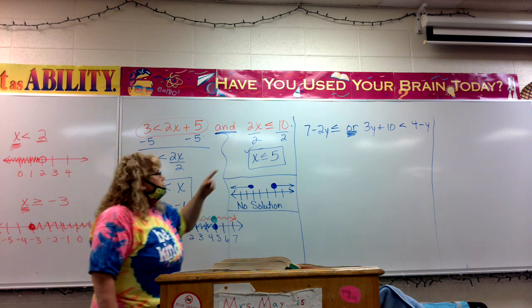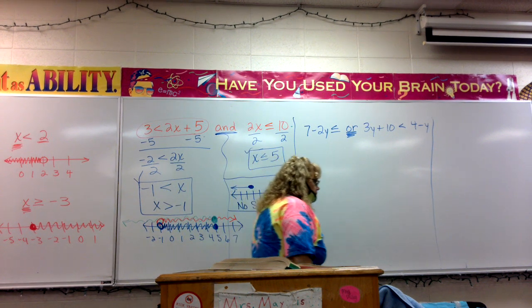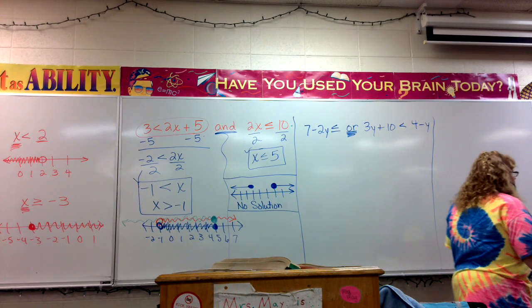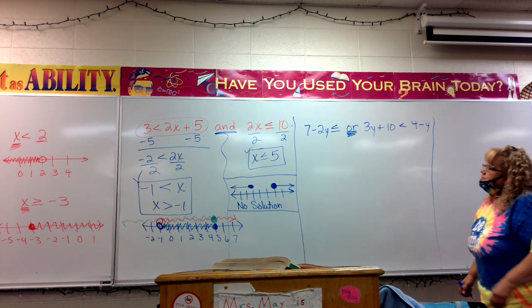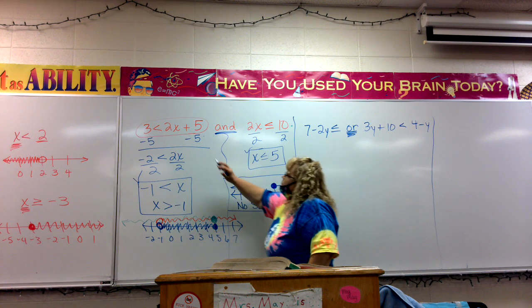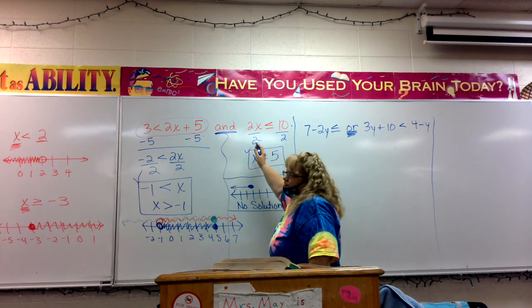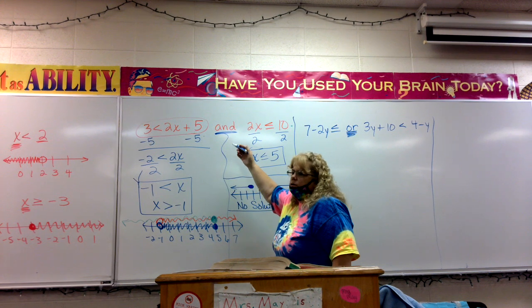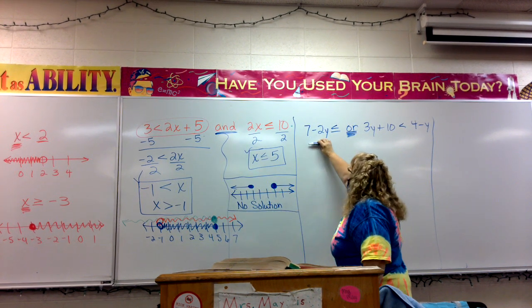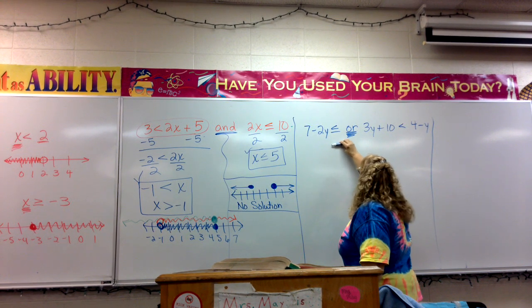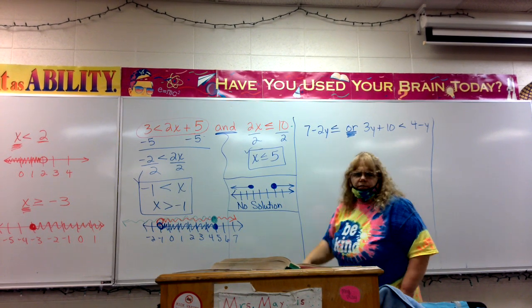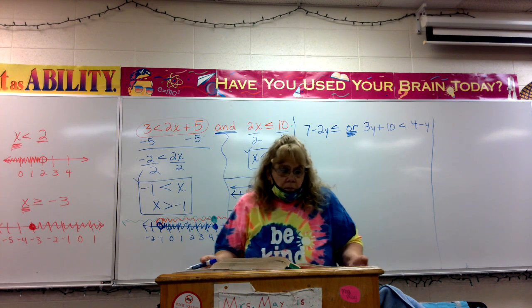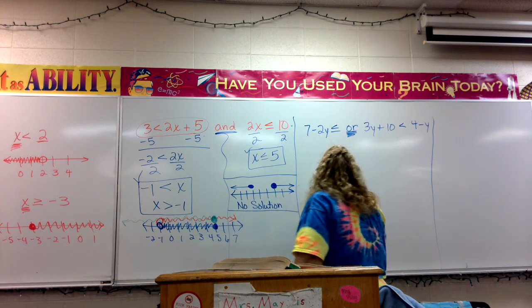Okay, so then to my or over here. Or is a little bit less strict. Instead of wanting numbers that solve this equation and this equation, I want a number that will solve this one or this one. 7 minus 2y less than or equal to, how about 1?